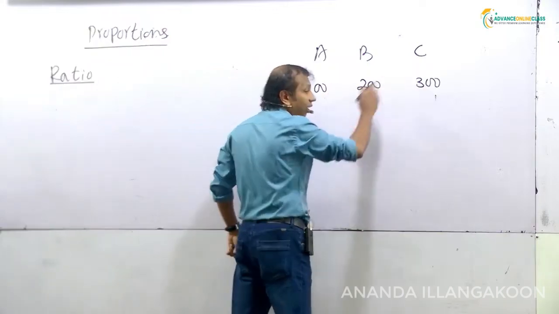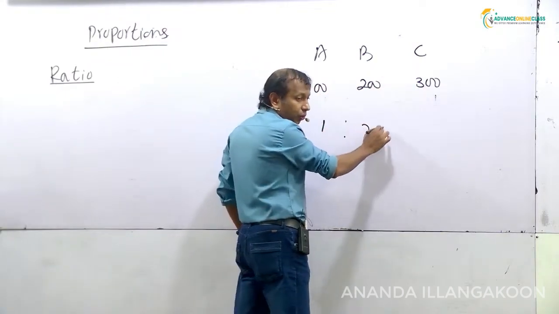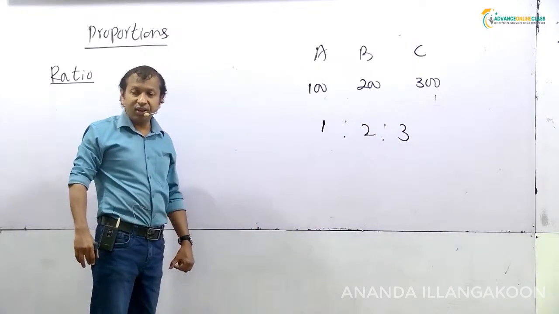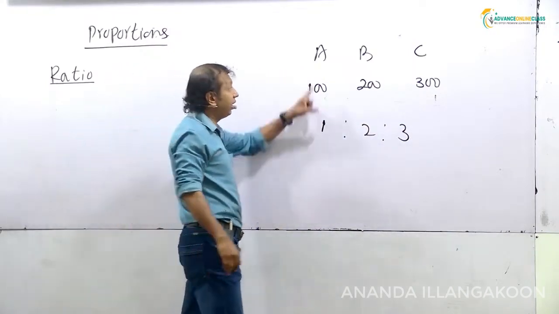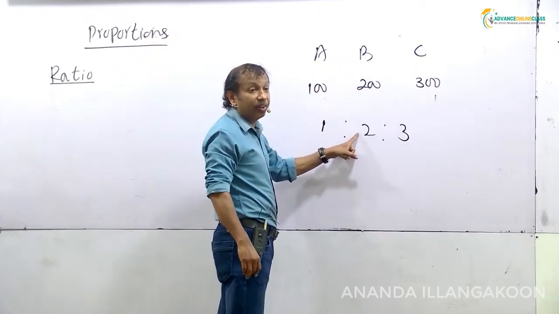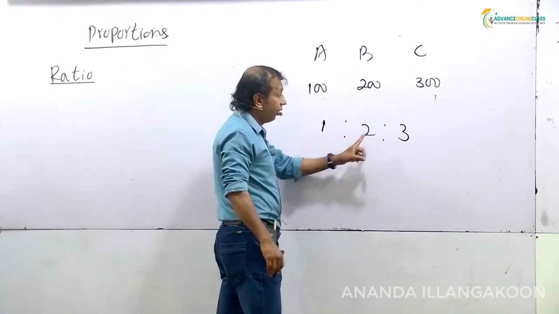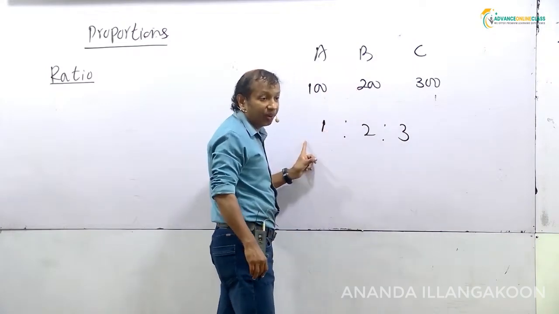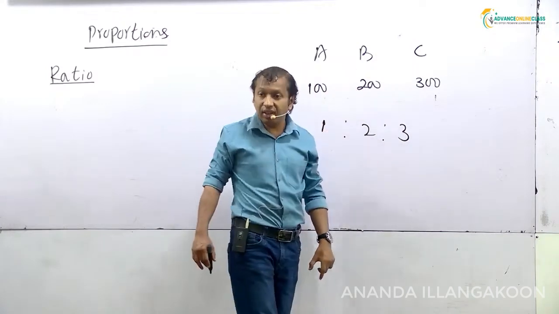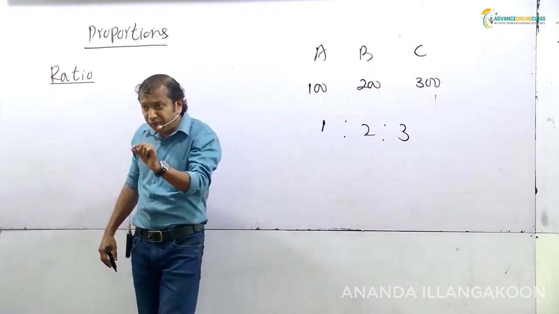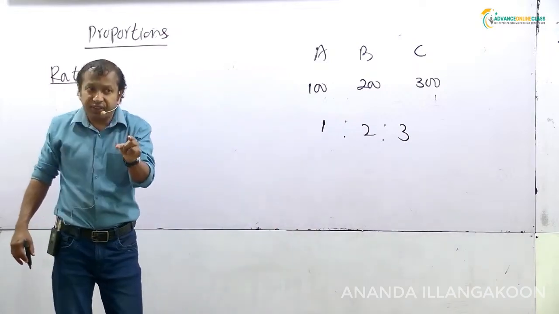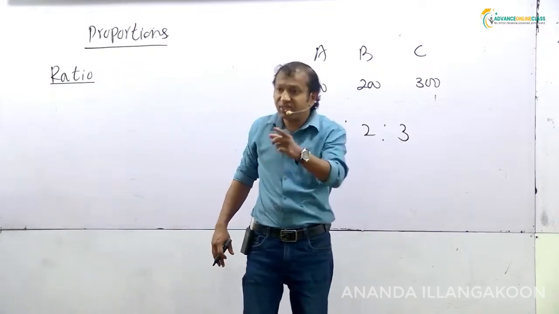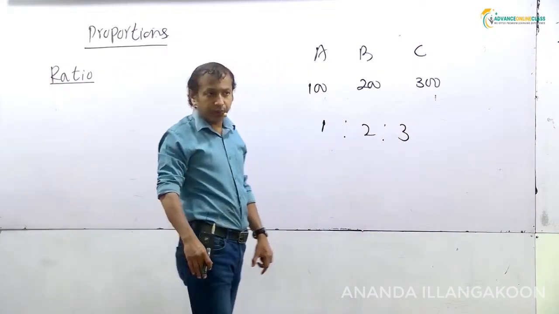Divide these by 100. What do you get? 1:2:3. Then you might ask, how to write this as a fraction? This time also it is possible to write a fraction. We take first these 2. What is the fraction? 1/2. This B and C, 2/3. A and C, what? 1/3. Understand? Still they are fractions. So therefore, when we define a ratio as a fraction, our discussion we have to confine between two things. Understand? That's the simplest idea of the ratio.